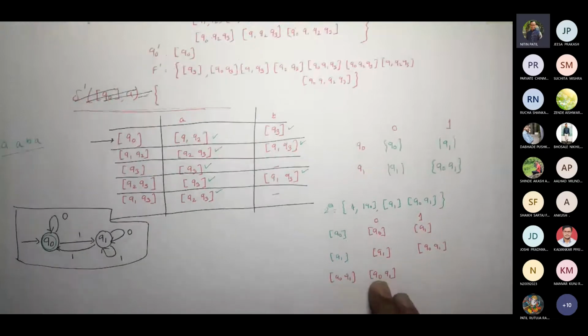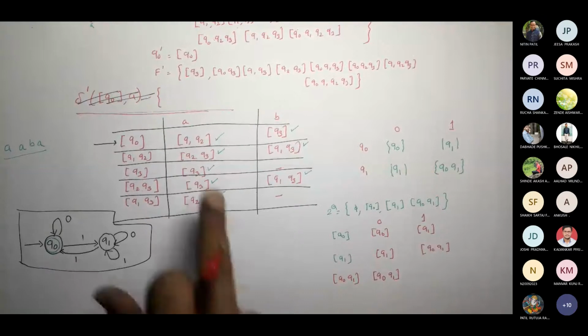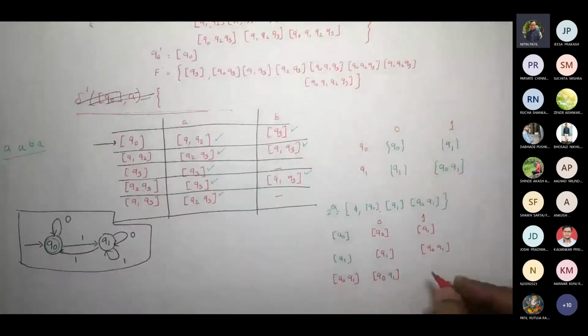So you have to manage this order of the states. If you recall, some of the students tried it and took the order to be Q1 first and then Q0. No, you need to maintain this order, because whenever we are taking a set, we prefer to keep the order of elements in the set that we are trying to prepare.